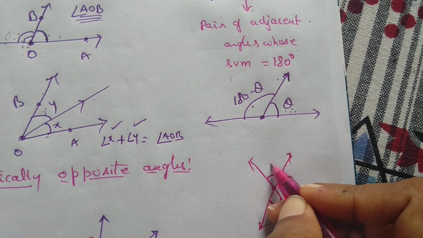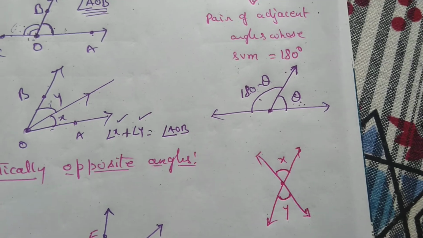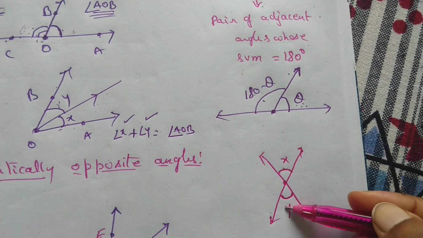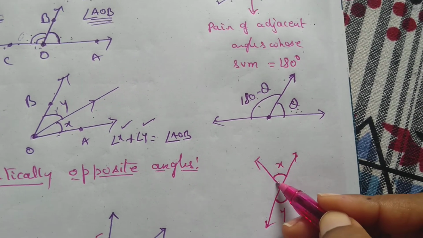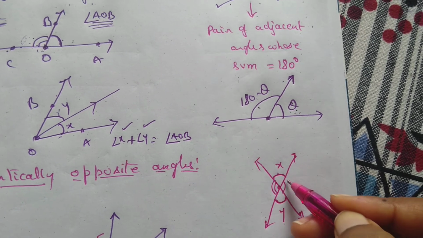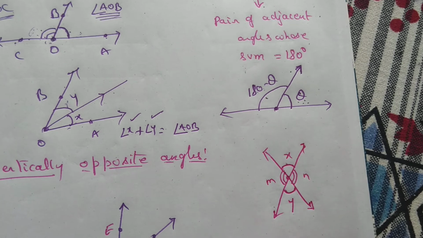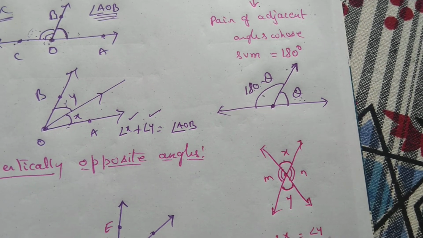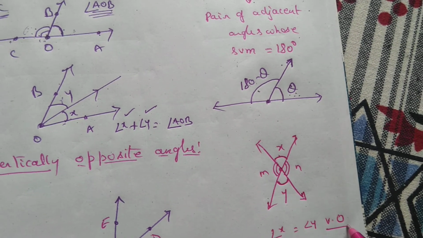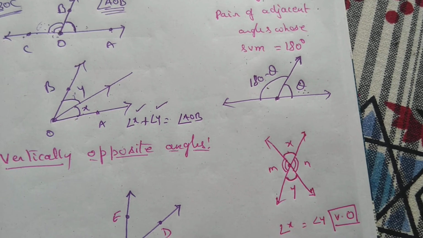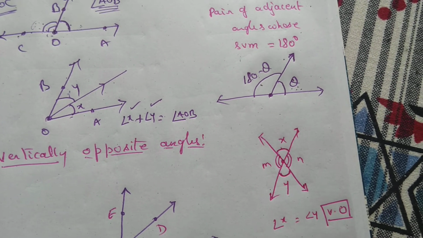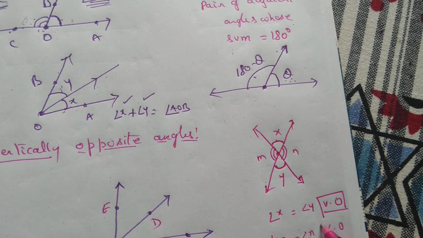These two are vertically opposite. And here, these two, this is equal to this, M and N. So here angle X is equal to angle Y, vertically opposite. And angle M is equal to angle N. They are also vertically opposite.